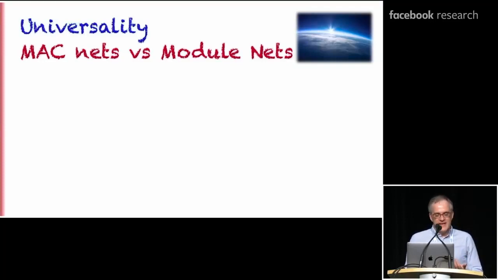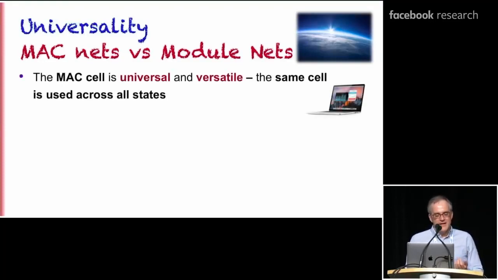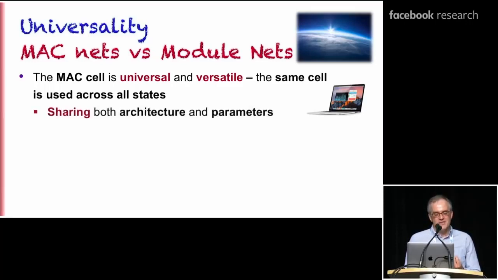Let me just quickly emphasize how MACnets differ from module networks. Neural module networks are also an architecture that speaks to Leon Bottou's vision, in that they're also composing together pieces to do more complex inferences. But I think this model is advantageous because we're making use of one universal and versatile cell that's used across all states, sharing architecture and parameters.